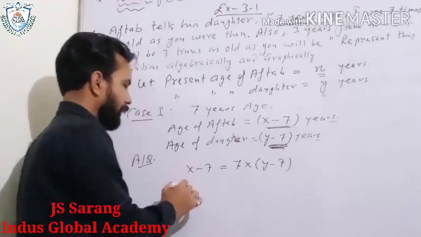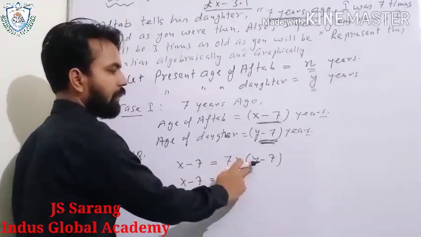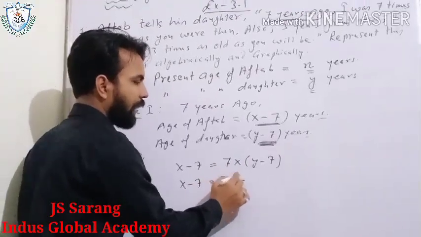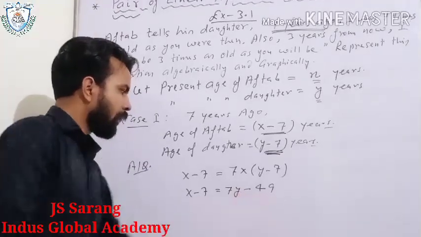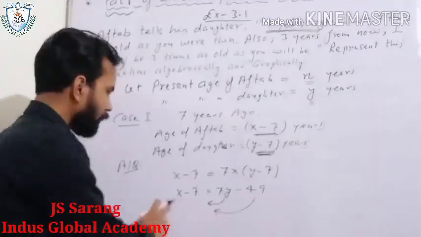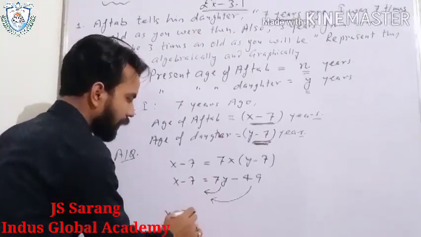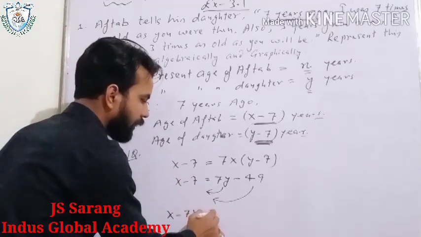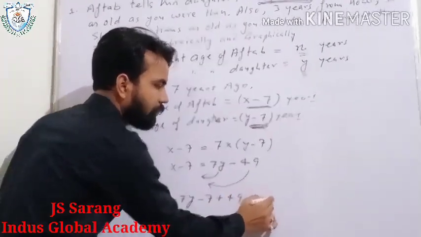Yes. Now see, x minus 7 equals 7 multiplied by y minus 7, so 7y minus 49, since 7 sevens are 49. Now we will shift all these terms to the left hand side. So x, this 7y will be minus 7y, minus 7, and this minus 49 will become plus 49, equal to 0.